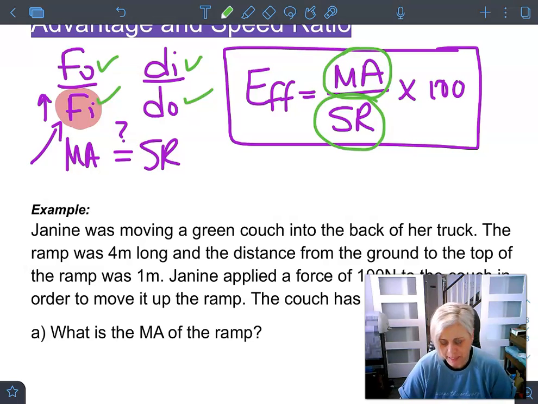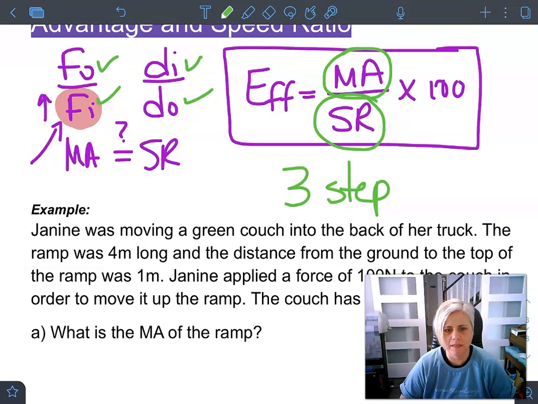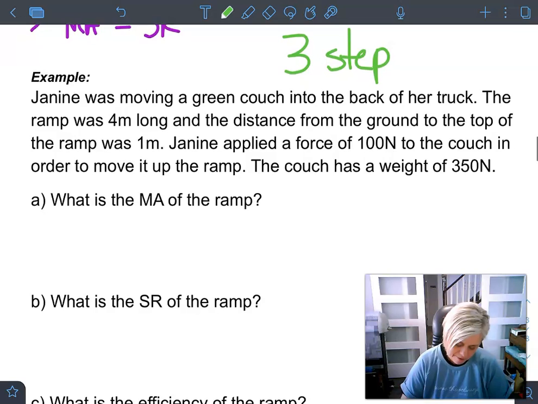So this could mean a 3-step calculation. You're going to calculate them from the two forces and the two distances that are given in the problem, and then take those answers and put them into your efficiency calculation. Okay, so let's see how this looks.